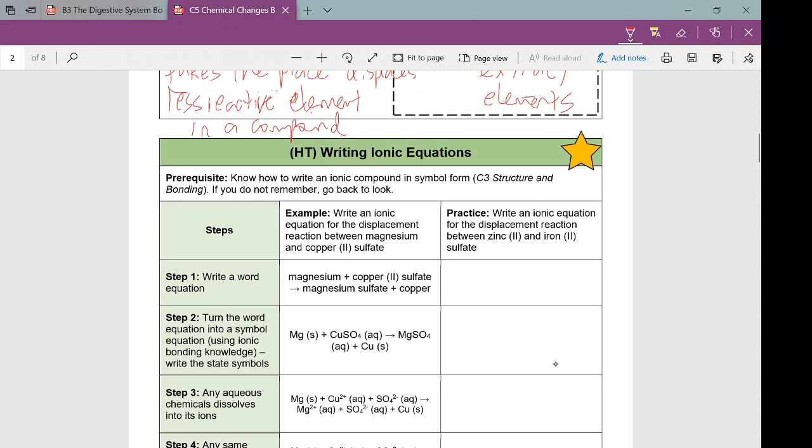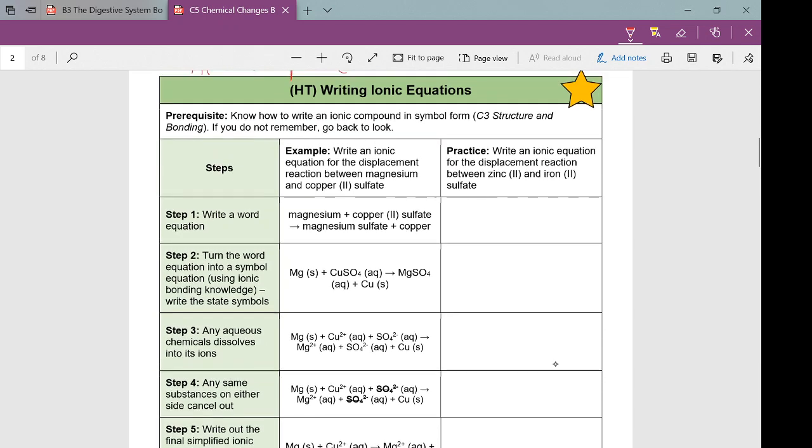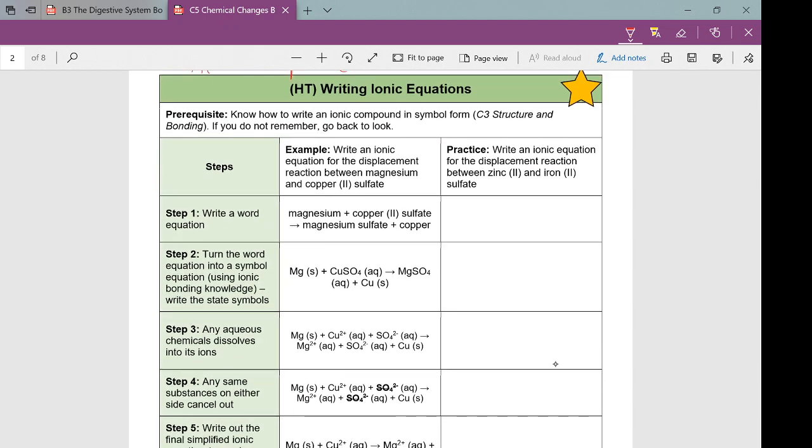Now we're going to move on to what is only on higher tier. If you're in set 1 and set 2, you would be placed in doing higher tier, because you guys are capable of doing it, even if it seems hard at the start, okay?